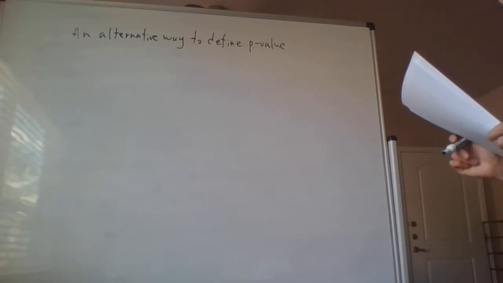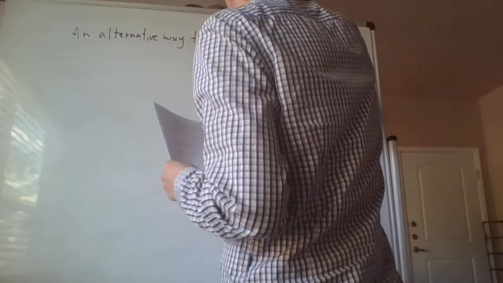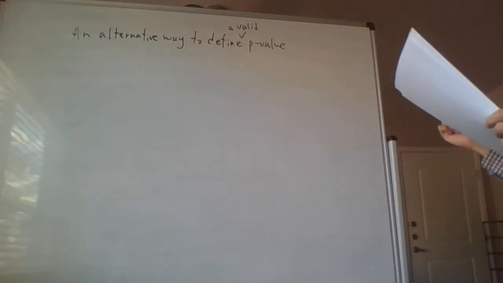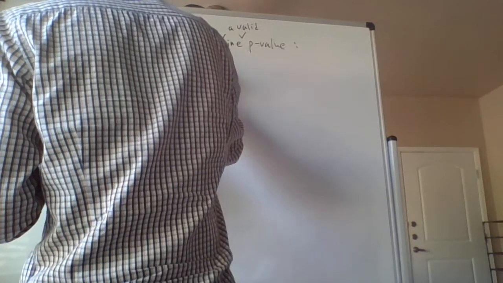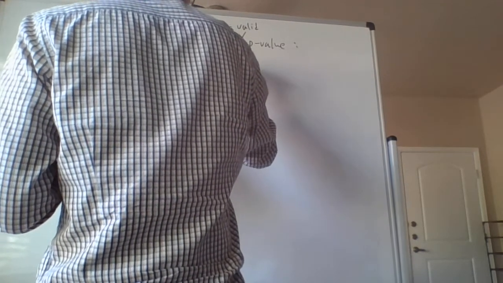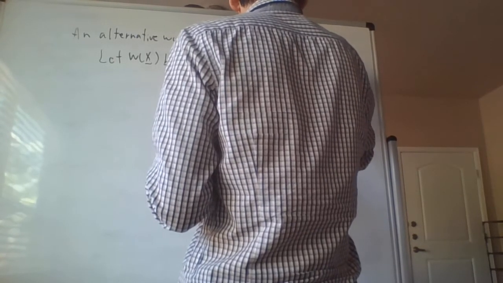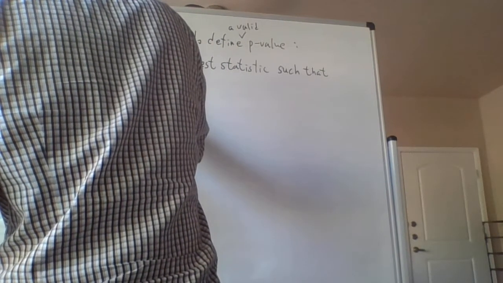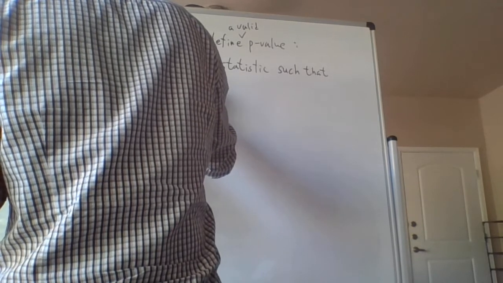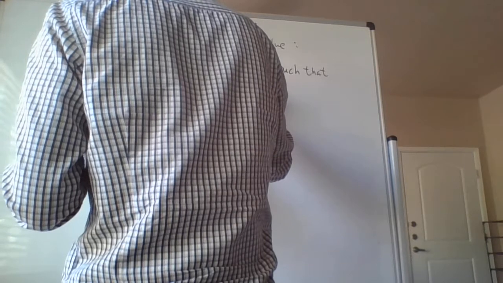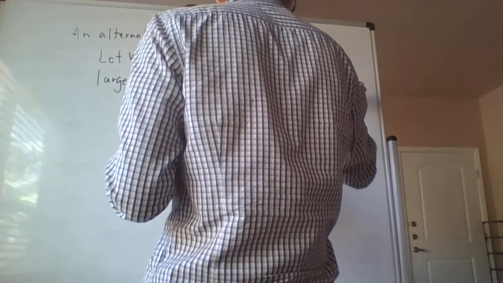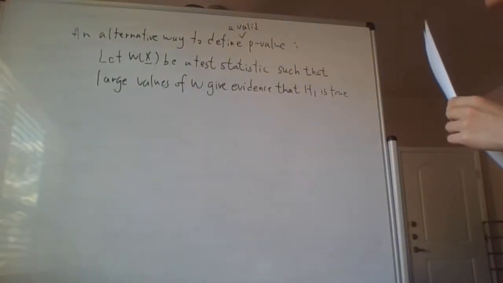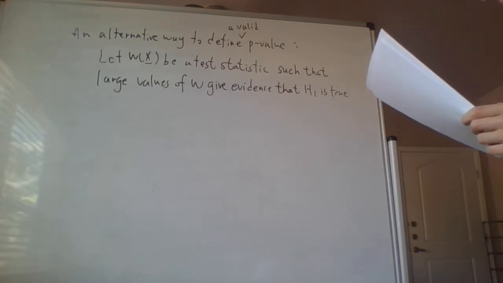Then we are going to look at an alternative way to define a valid p-value. So let W be the test statistic such that large values of W give evidence that H1 is true.